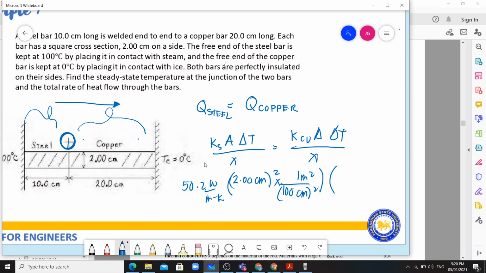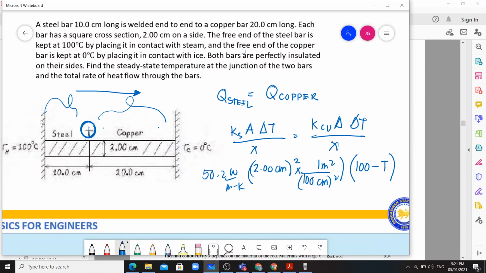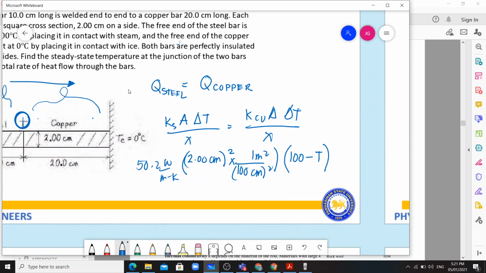Dahil pag ganun yung flow, ito ay magiging 100 minus T. Okay? Papunta siya dun eh. Palamig siya. Okay? So, equivalent ngayon siya sa K ng copper.